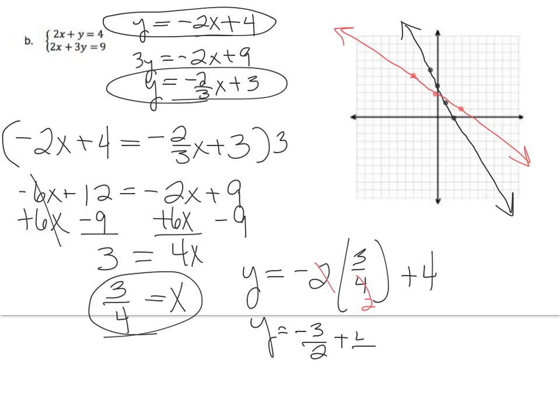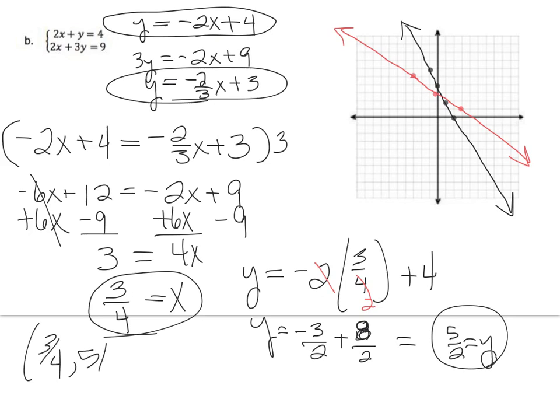I'm going to go 8/2 because 4 is the same as 8/2, which gives me negative 3/2 plus 8/2 is 5/2. So my ordered pair is 3/4 and 5/2. Cool. I don't like that one either, but messy fractions happen sometimes.